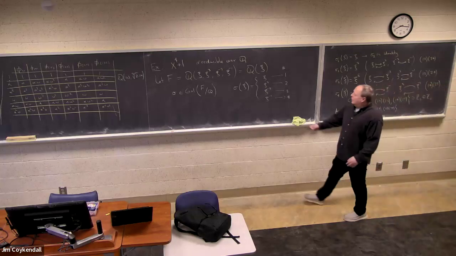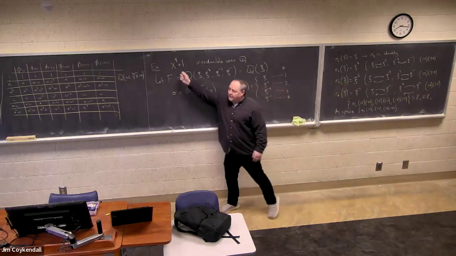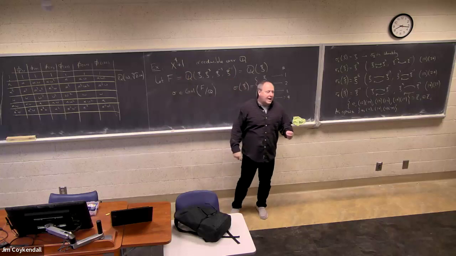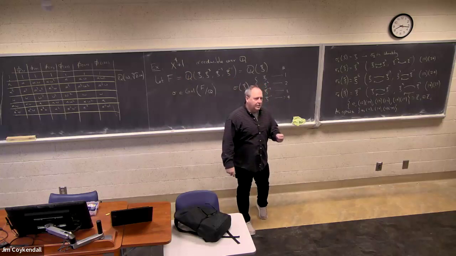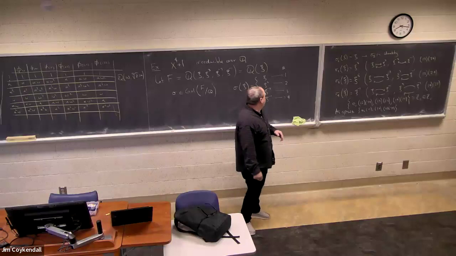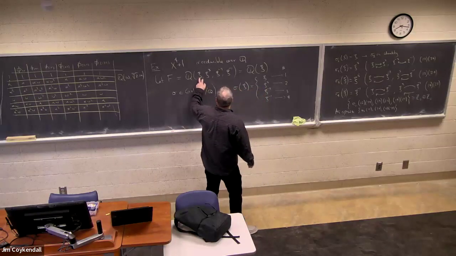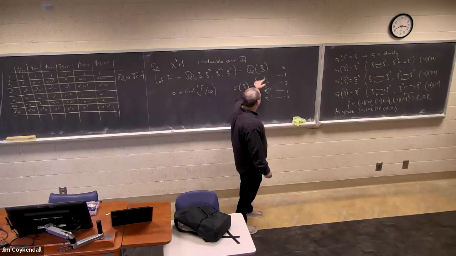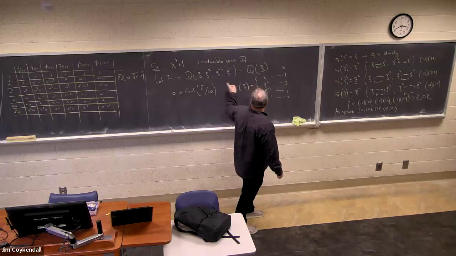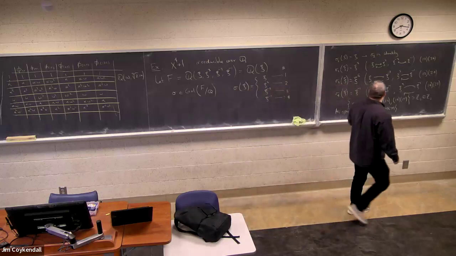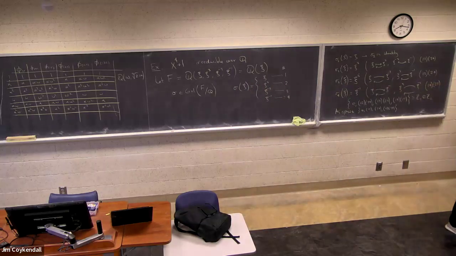Given any of these 4 roots, there has to be an automorphism of the field that takes one of the roots to the other. So pick any of these 2 roots. There is an automorphism that takes tornado to tornado minus 3, namely this one. So you always get a transitive group. So we'll talk more about that later.